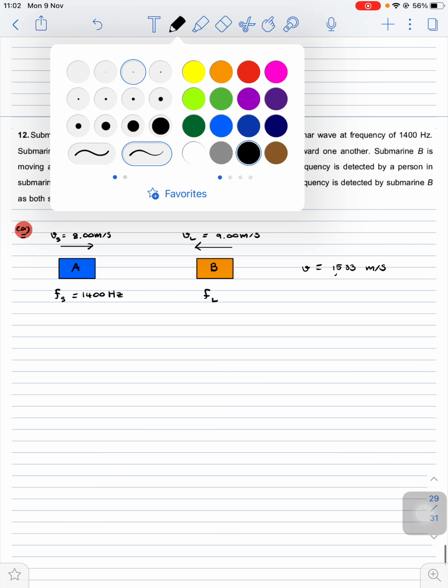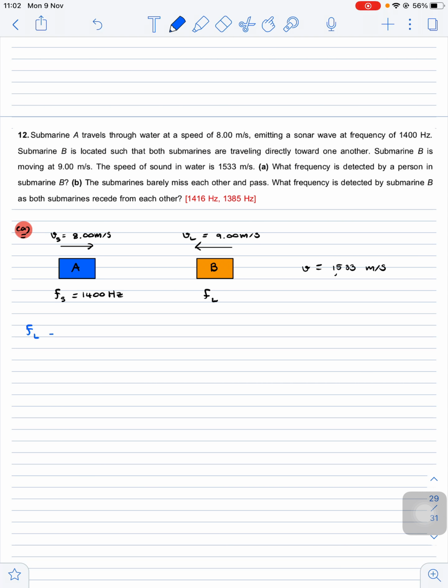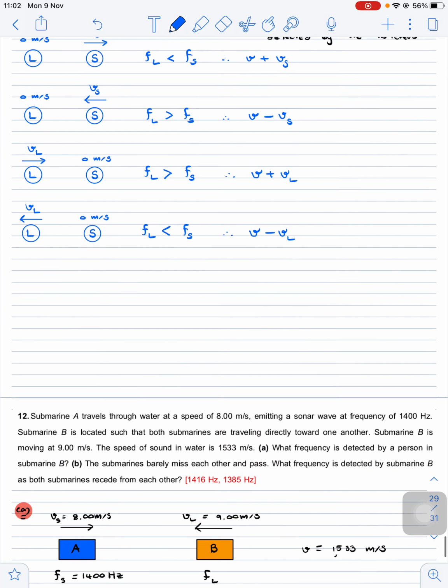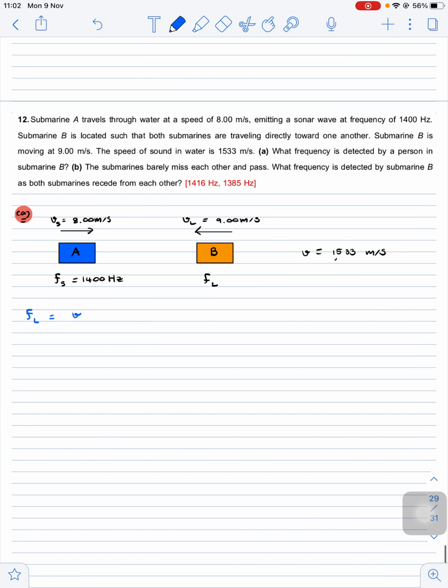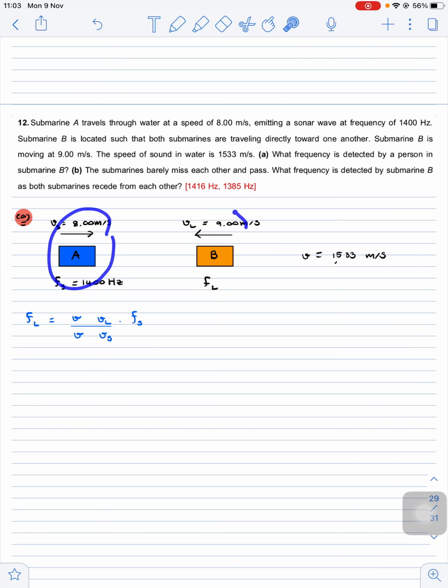Okay, so now let's do the equation. We said that FL is equal to, let's just write down first, V and VL over V and VS, times FS. I just haven't written down the sign here, but now let's consider the sign. In this case, both of them are moving toward each other.